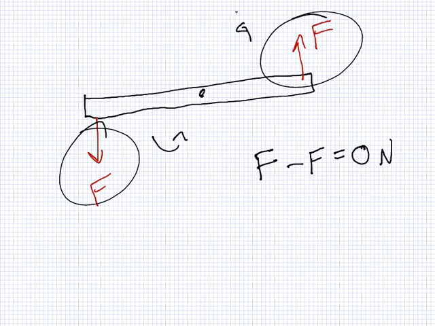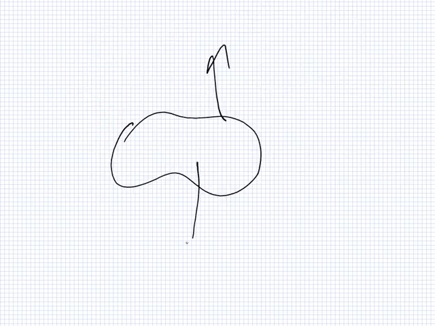Just because this equals this doesn't mean nothing will happen. It depends where it is. If there's one here and one here, then it will turn.